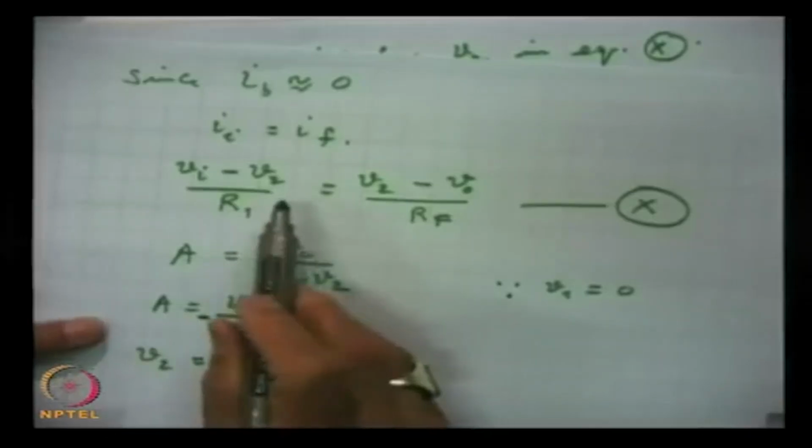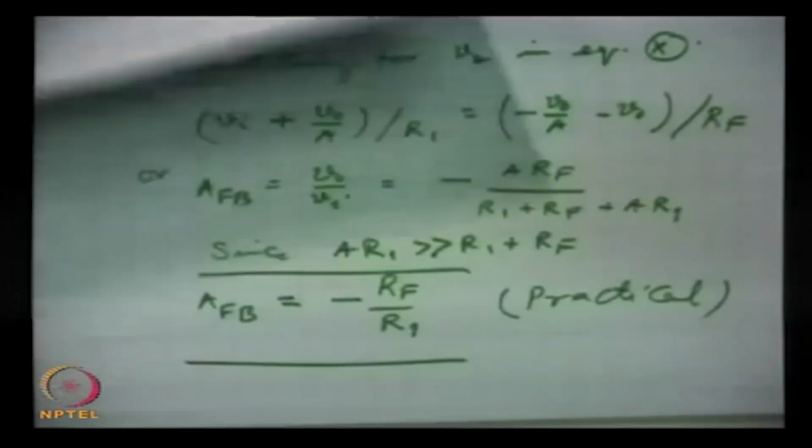Now, one very important parameter about this amplifier, and that is this expression can be obtained from this equation if we substitute V2 equal to 0.